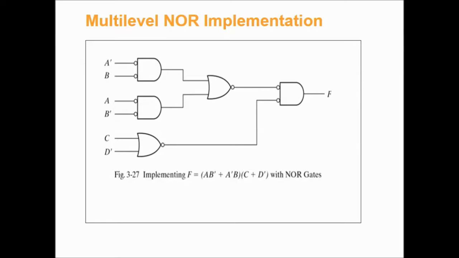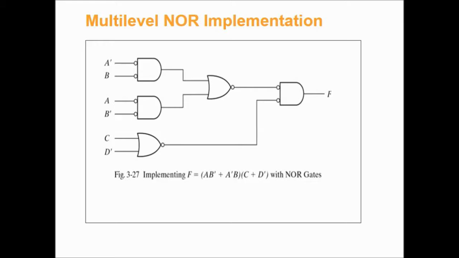The procedure for converting a multi-level AND-OR diagram to an all-NOR diagram is similar to the one presented for NAND gates. For the NOR case, we must convert each OR gate to an OR-invert symbol and each AND gate to an invert-AND symbol.